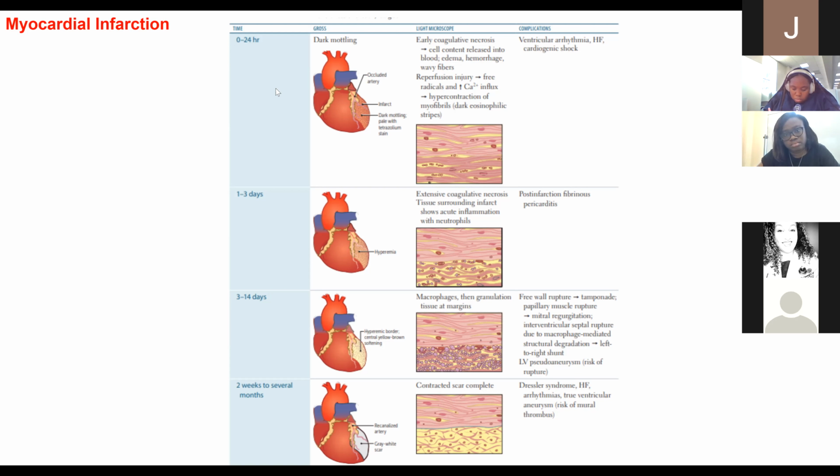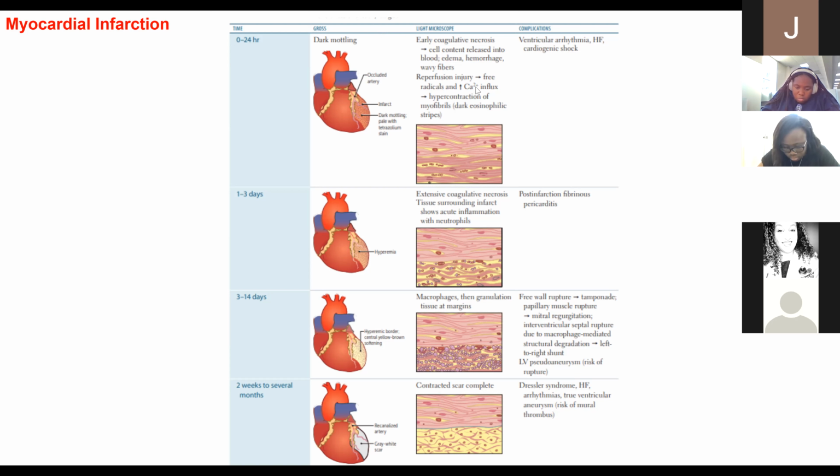But then after a while, your cells are like, okay, clearly something's going wrong. That's where you're going to have the coagulative necrosis. Those cells start to release inflammatory cytokines to have your inflammatory cells come in. That's how you're going to have some edema, some hemorrhage, like what they brought up here. See, they put wavy fibers, but that's mainly in the first 4 hours. So just keep that in mind.